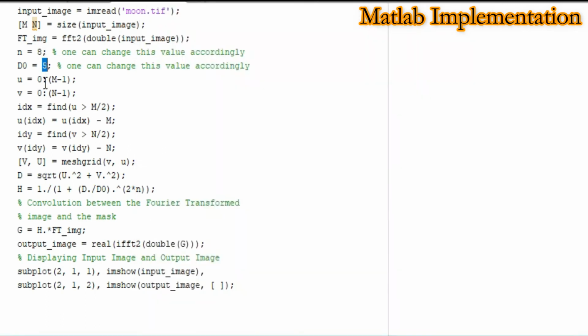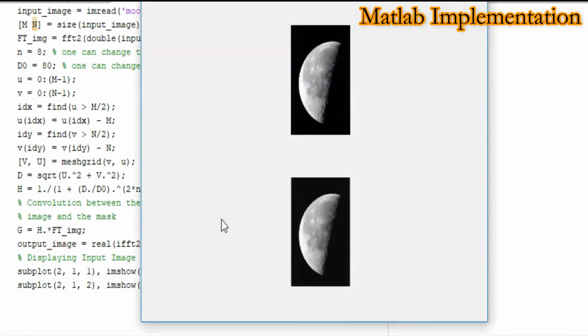If we change the D0 value to 80, then the output is clear. There is no blurring effect in the output.